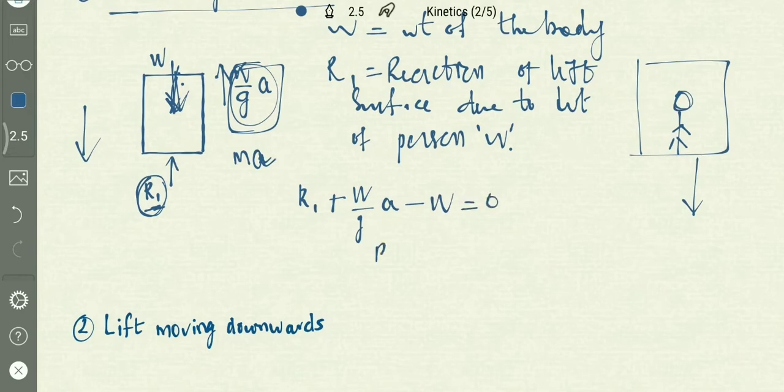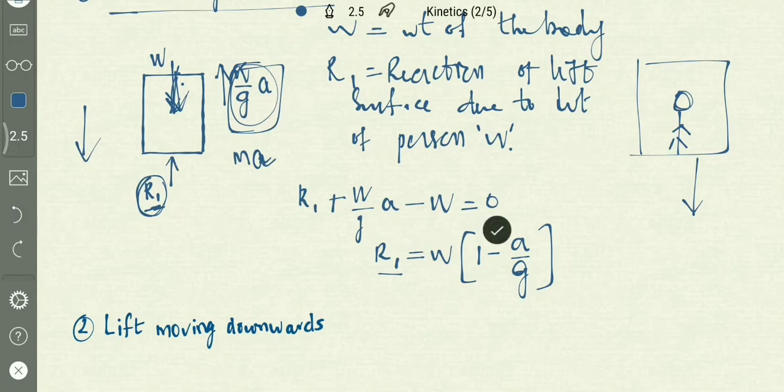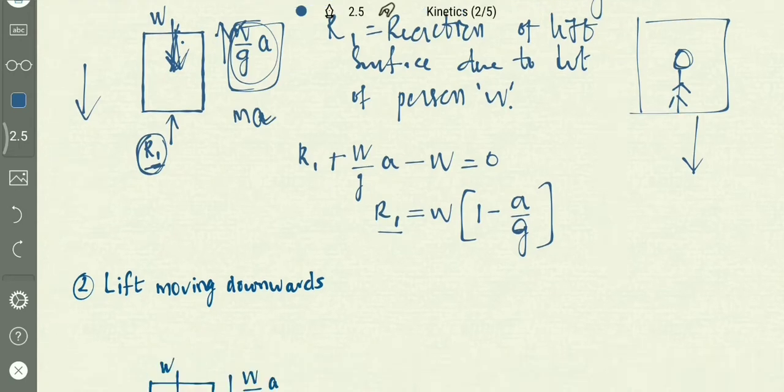So R1 is equal to W into (1 minus a by g). So what is R1? The reaction of the surface on the person. W is the weight of the person, a is the acceleration with which it is moving downwards, and g is the acceleration due to gravity.